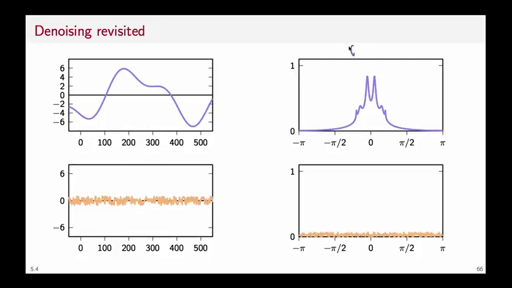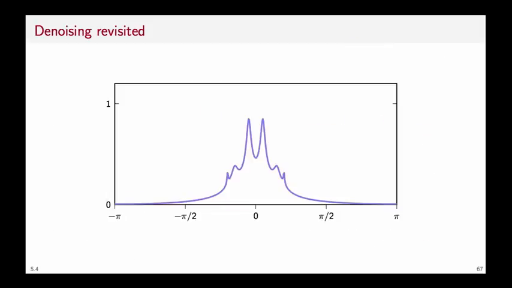In the frequency domain, the spectrum of the smooth signal looks like this. Most of its energy is concentrated around the low frequencies, so it's a low pass signal. The Fourier transform of the noise looks like noise in the frequency domain as well. So when we put things together, we have the spectrum of the smooth signal, the spectrum of the noise, and the sum is the noisy spectrum of the measured signal.